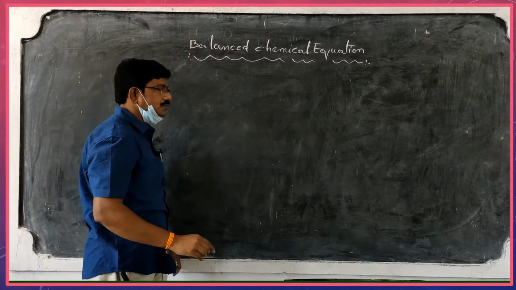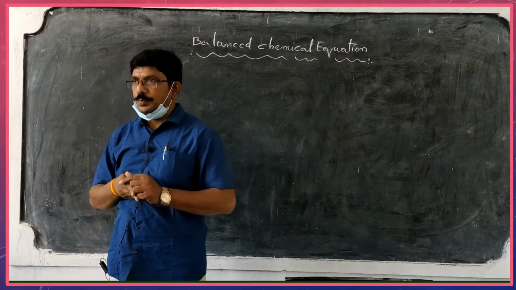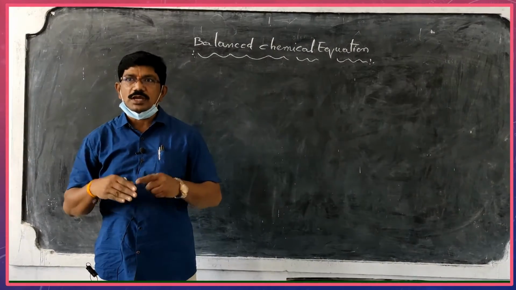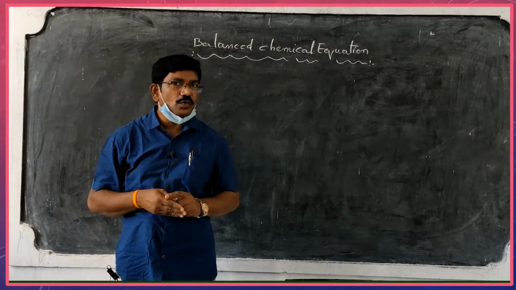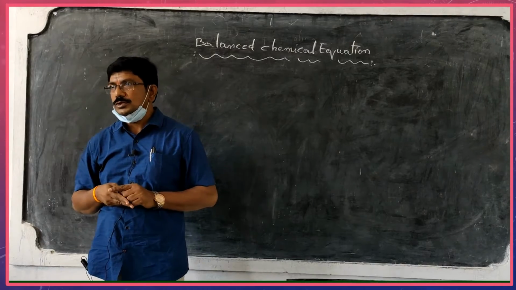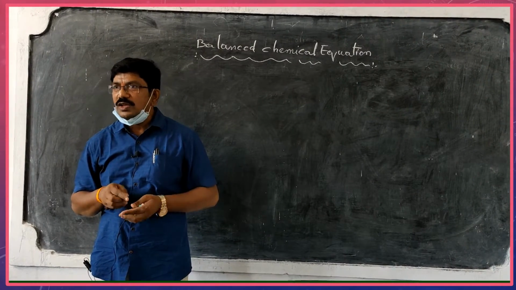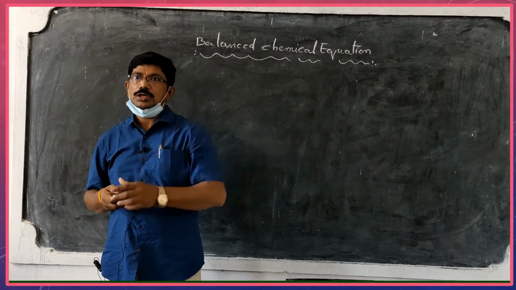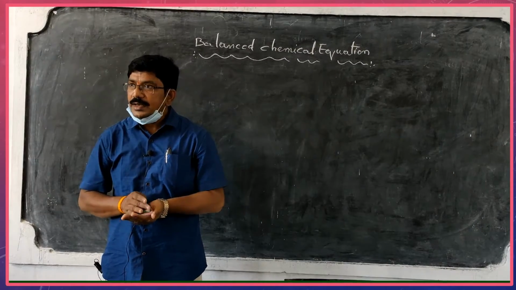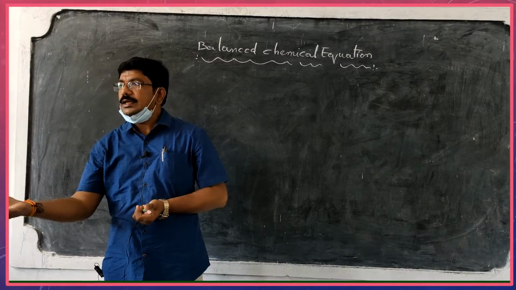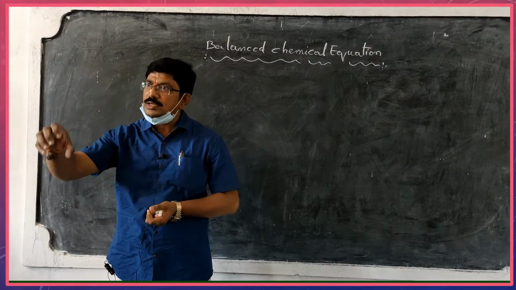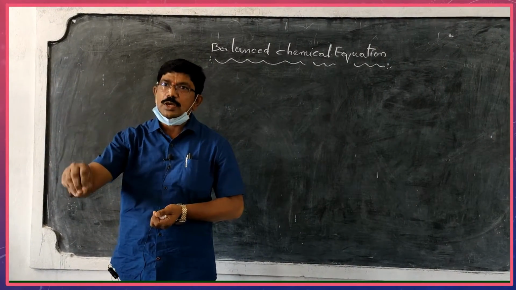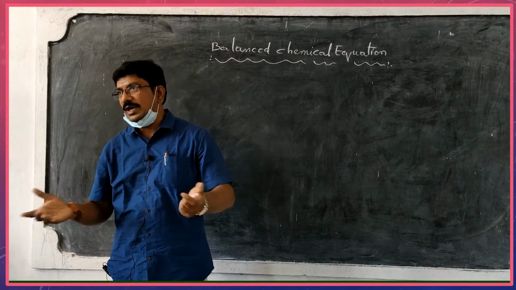Listen to me. When you go to a shop to purchase vegetables or something else, if you want to purchase 1 kilogram of tomato, the vendor uses a 1 kilogram iron stone. Next, he keeps the tomatoes or whatever vegetable you need in the other pan of the balance.